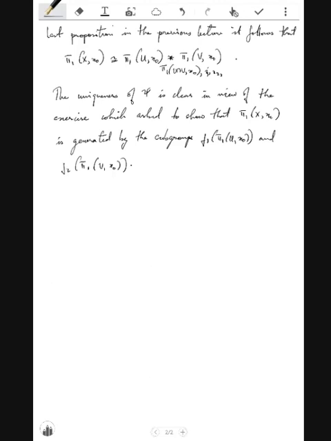So it only remains to prove that psi exists. So let us prove that psi exists.